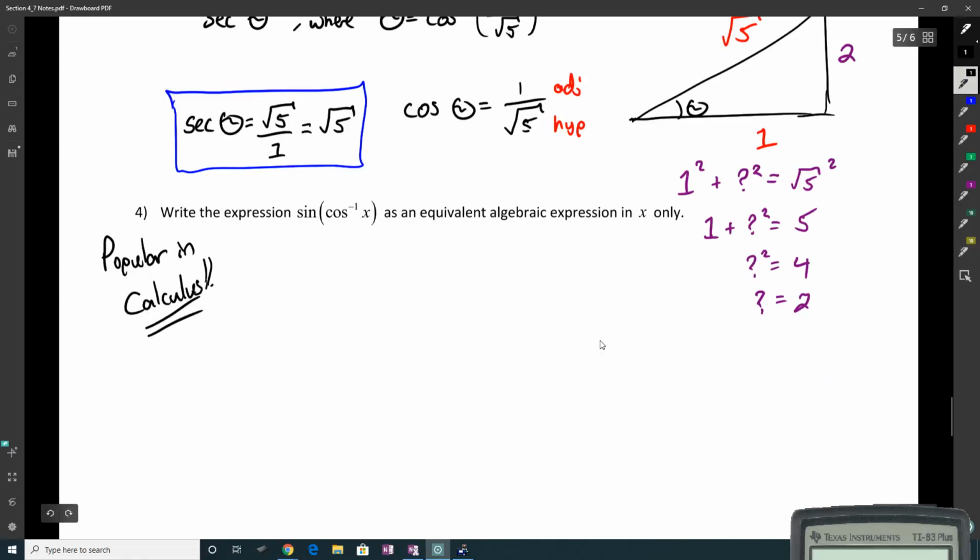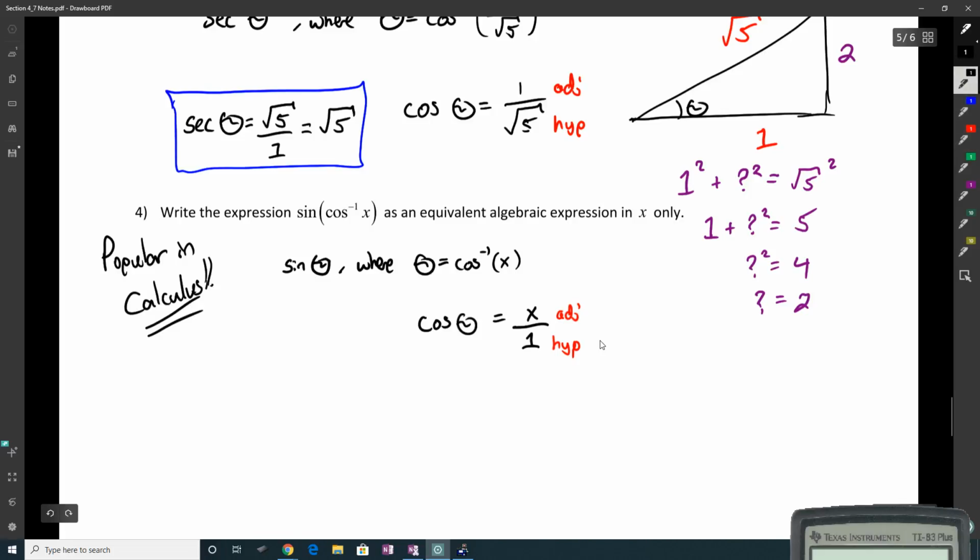What we're looking at here is this is sine of theta where theta is equal to inverse cosine of x. So that means that cosine of theta equals x over 1. I made it a fraction, so I can do SOHCAHTOA. Cosine is adjacent over hypotenuse.